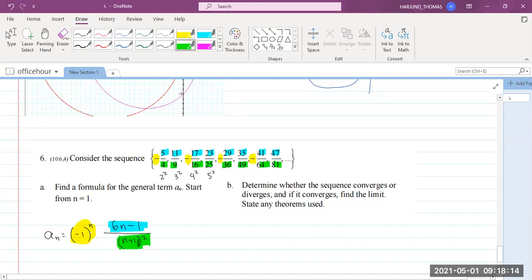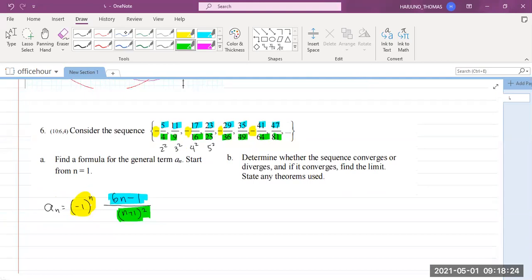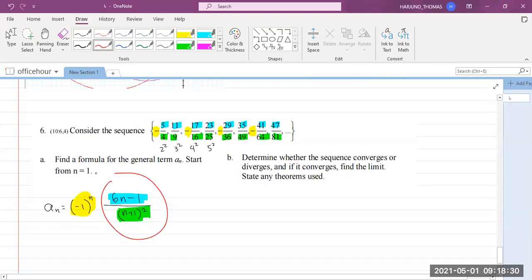Okay, now determine whether the sequence converges or diverges. If it converges, find the limit. I notice that the top is degree 1 and the bottom is degree 2, so it will converge to 0. But with the plus minus, I will take the absolute value of a sub n.